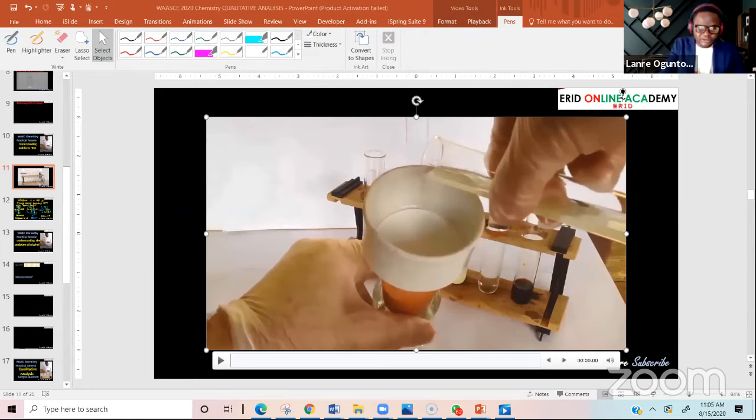Question three: can ethanol dissolve iodine crystal? Can ethanol dissolve iodine crystal?